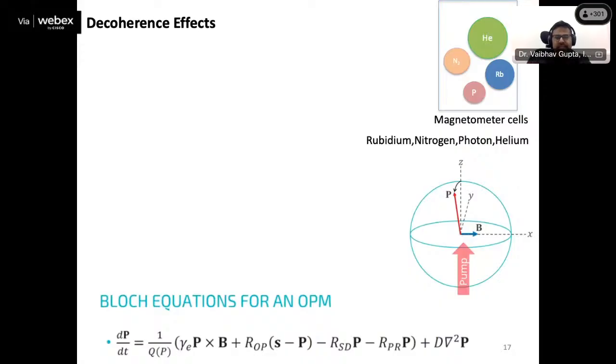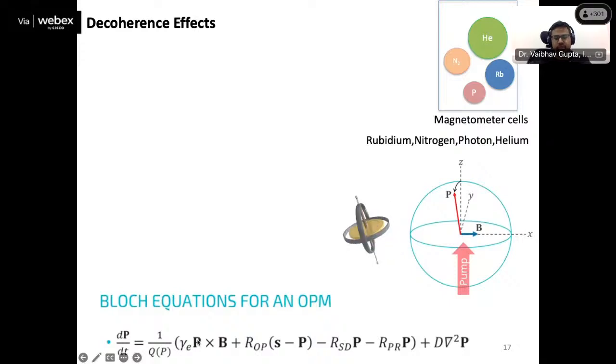Now, there is an equation which defines how this P changes with time. What we want to know is what the factors are which change this P. Here on the left we have dP by dt, meaning the change in P with respect to time. The very first thing is that as soon as you have an electron in the rubidium, this electron is also rotating here with the Larmor frequency because you have applied a magnetic field, and mu cross B. Because of that there is a Larmor frequency, and that is this term P cross B here.